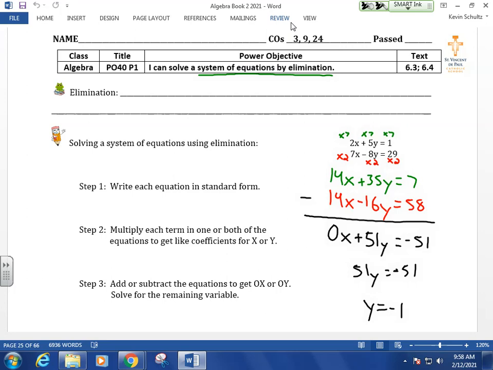And just like with substitution, now that we know what y is, we can solve for the remaining variable by going back to our original equations, plugging in our value for y, and solving for x. So we'll just go to this top one here. Now that we know y is negative 1, we can rewrite this to be 2x plus 5 times negative 1 equals 1.